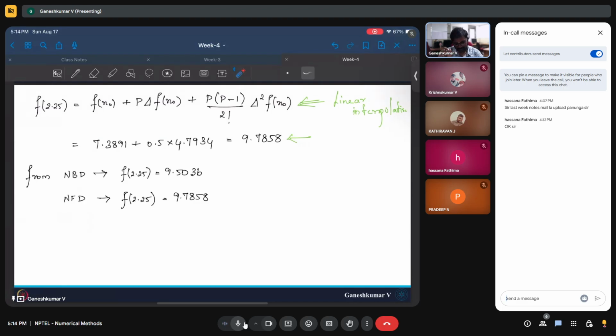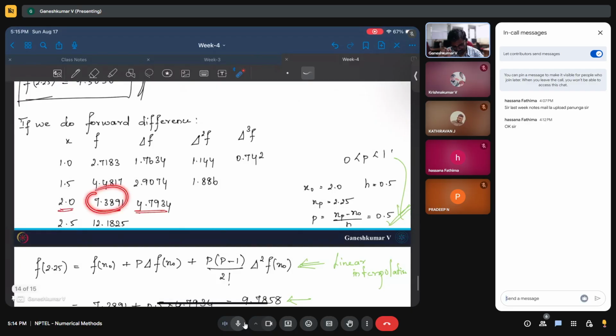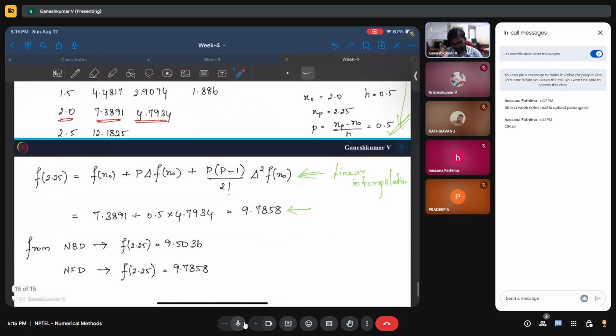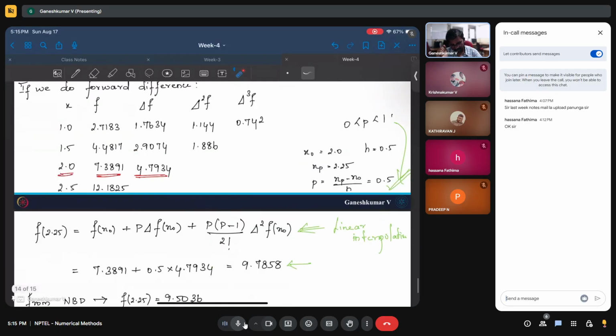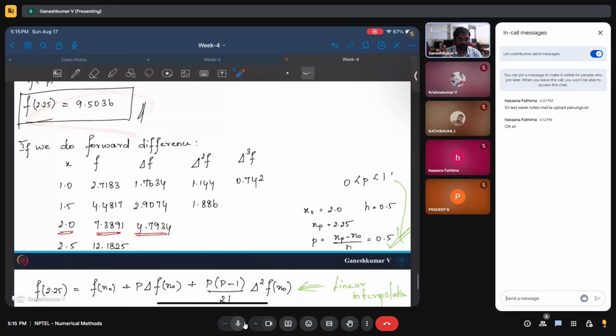Although both of these values lie between 7 and 12, and the mean of 7 and 12 is 9.5, so we expect it to be around 9.78 or 9.5, around that.